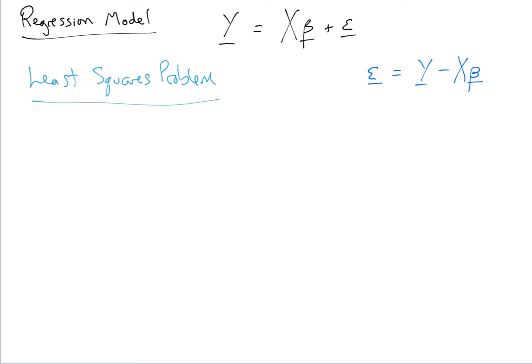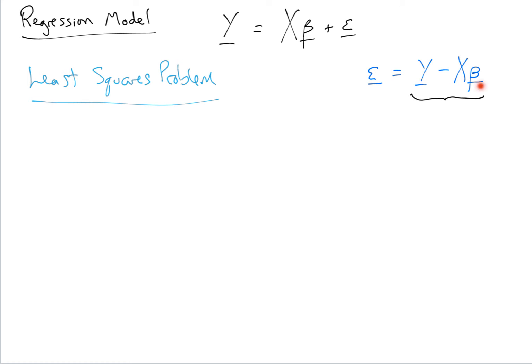And so the terms in the right-hand side are the errors, or they're going to be the estimates of the noise terms that we're trying to minimize. So just think about what this vector actually looks like. The ith entry of this vector is the ith observation minus the ith fitted value.